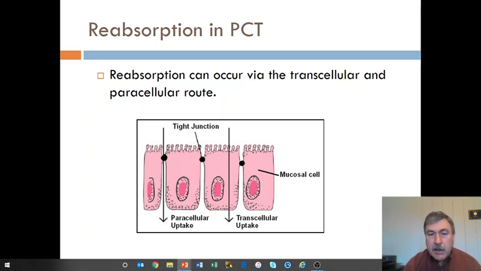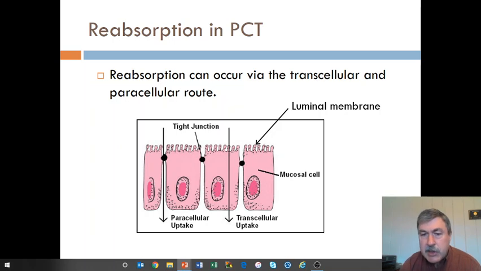The paracellular route is the movement of substances like water and electrolytes between the cells that make up the walls of the proximal convoluted tubule. Between the cells there are tight junctions, but there is some possible movement of water and electrolytes across those tight junctions, and that's called the paracellular route. We'll talk about this a little bit later.